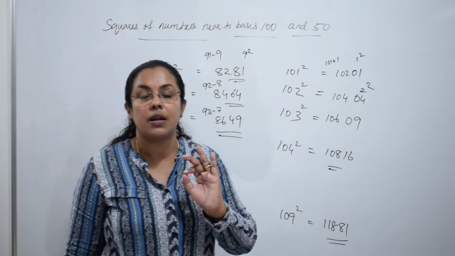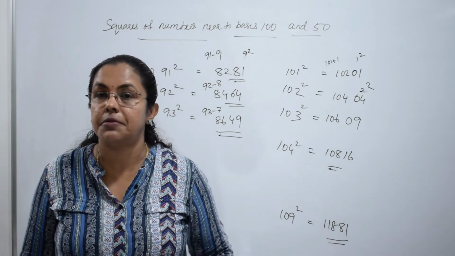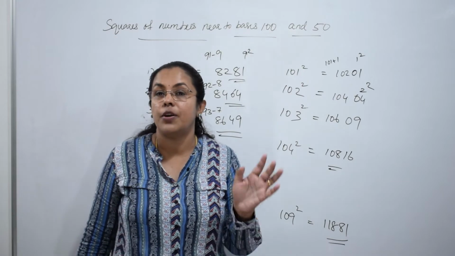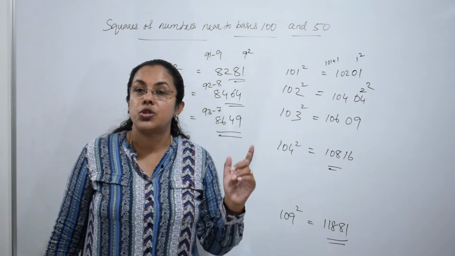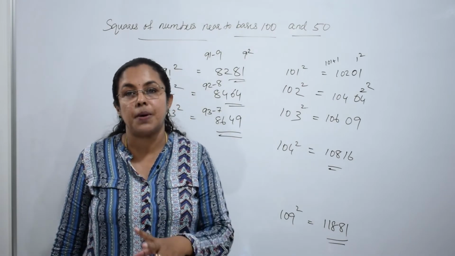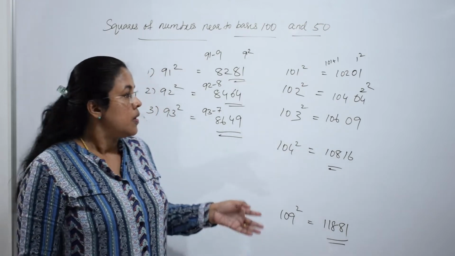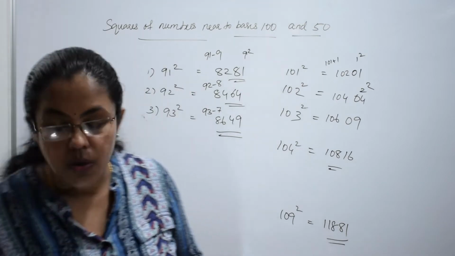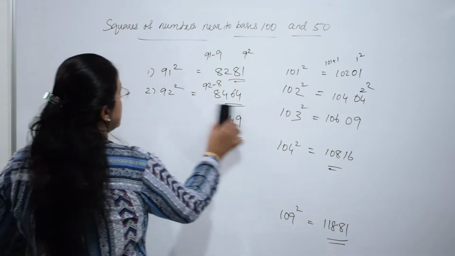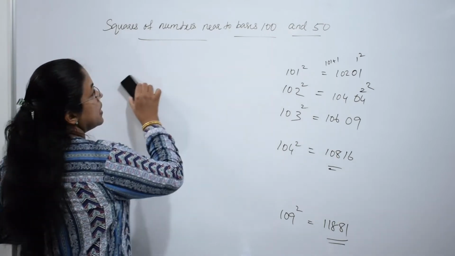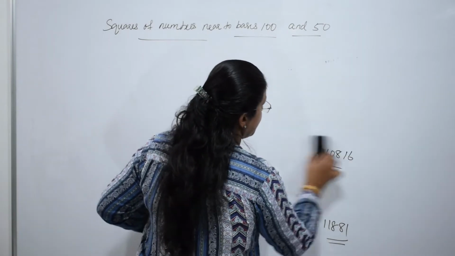First of all, you must be clear with the concept of the base 100 method. If you are watching my video for the first time, then watch part 3 and part 4. Okay. Now how can we use this to find the squares of numbers near 50?